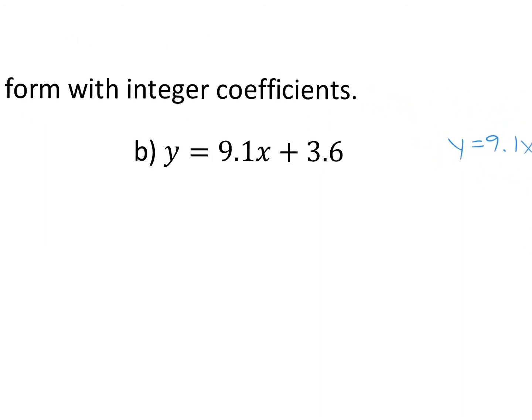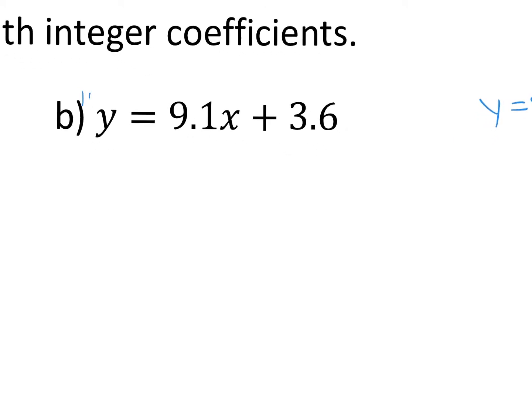Okay, so with this one, if we multiply everything by 10, multiply this by 10, multiply these by 10, we end up with 10y equals, this is 91x plus 36. So now, no more decimals. How do I put that into standard form?